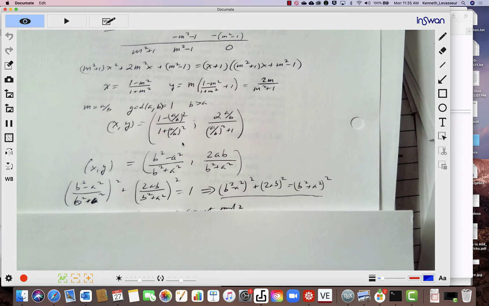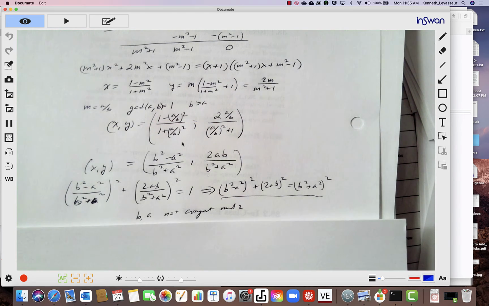Now we have to make one additional condition to make sure it's a primitive Pythagorean triple. Besides the assumption that a and b are relatively prime, we have to assume that a and b are not congruent mod 2. In other words, one's odd and one's even.